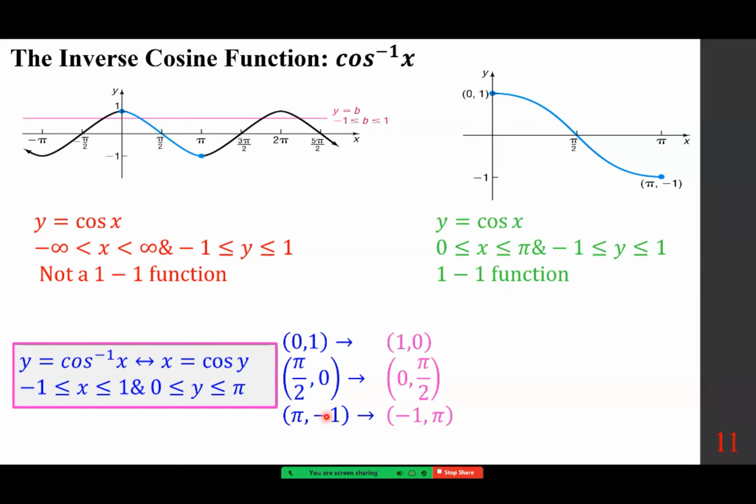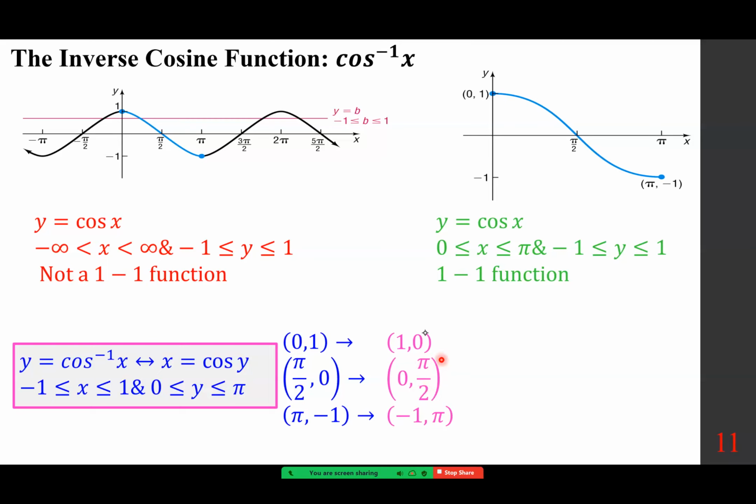And all you have to do is plot those. So this would be 1, 0; 0, pi over 2. Pi is about 3.1415, and it continues indefinitely.